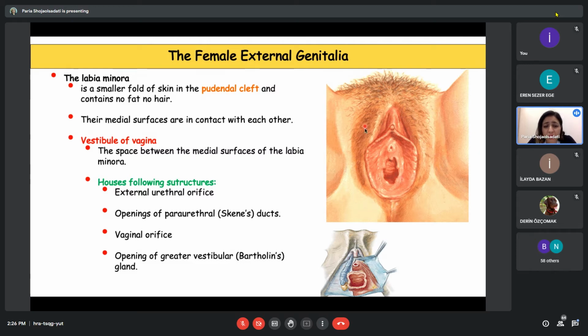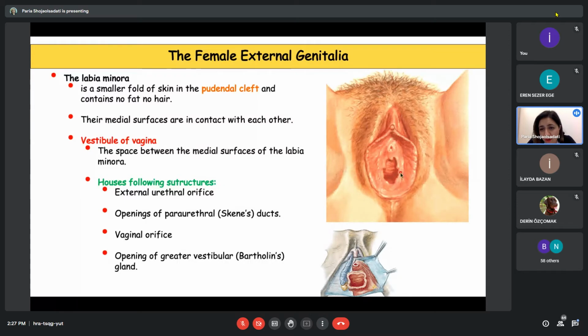For example, the external urethral orifice is located in there, along with the openings of the Skene's ducts. You can see below the external orifice of the urethra, clearly, the vaginal orifice and the openings of the greater vestibular glands, or Bartholin glands, on both sides of the vagina.